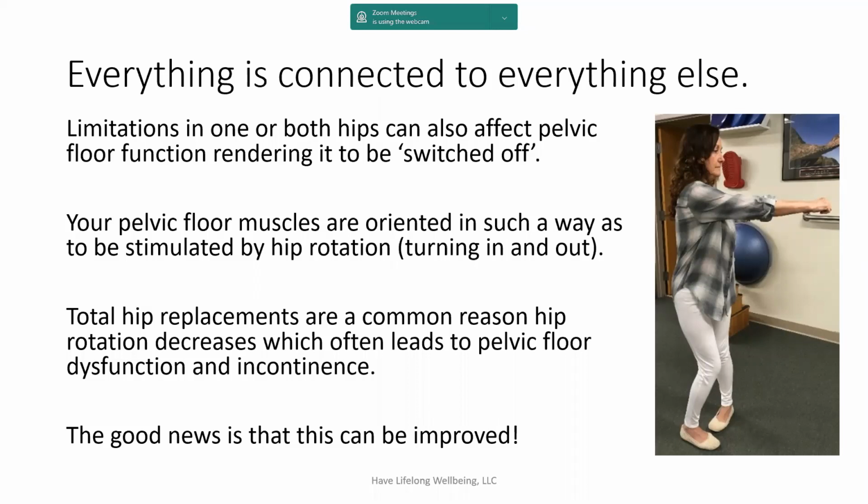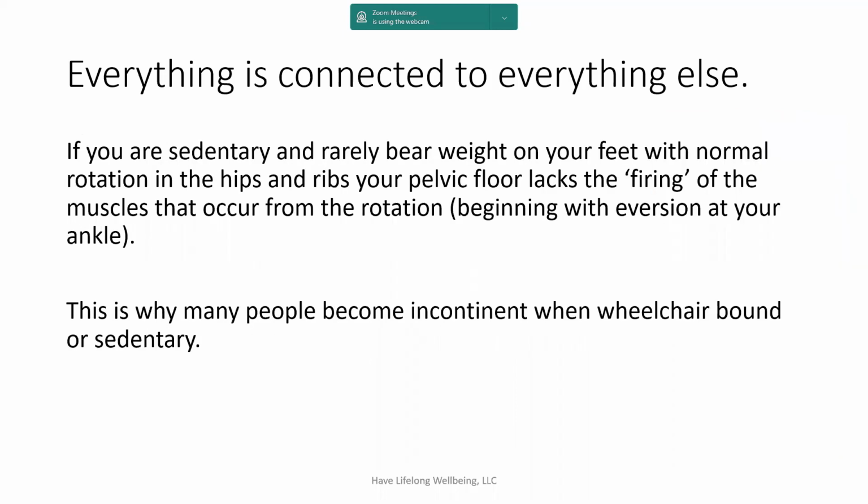Your pelvic floor muscles are oriented in a way that they get stimulated by hip rotation, which is turning in and out. And you saw all those anatomical pictures, right, where the rotators are fascially connected to the pelvic floor, so you know how that happens. And of course, the good news is this can be improved if you've ever had a total hip replacement or some other reason that hip rotation decreases, right?